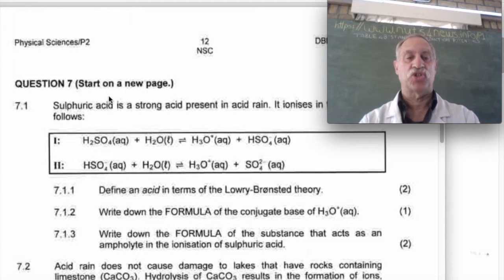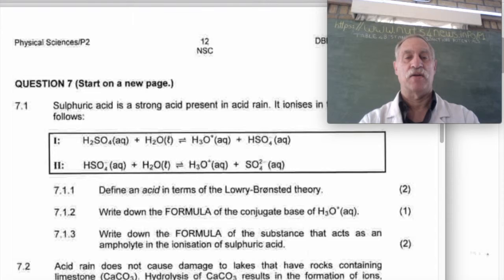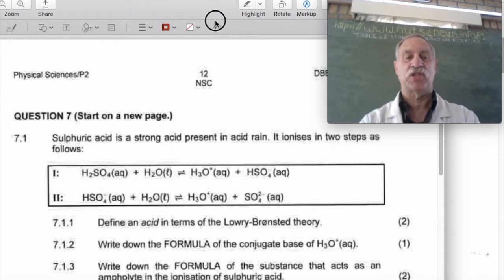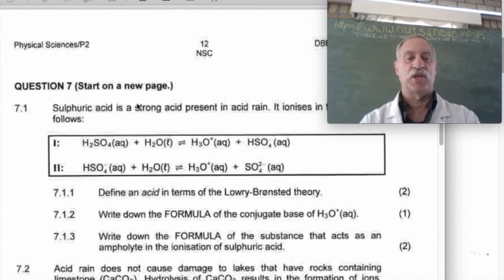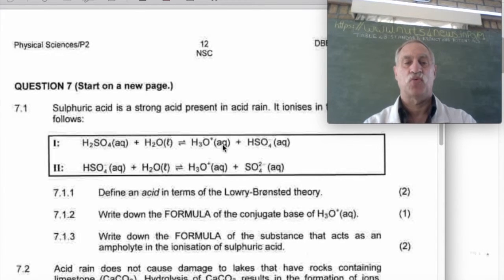Sulfuric acid is a strong acid present in acid rain. It ionizes in 2 steps as follows. Here we see H2SO4 aqueous dissolved in water liquid goes to form the hydronium ion aqueous plus HSO4 minus. So there you see it's lost one of its hydrogens in the form of an ion.